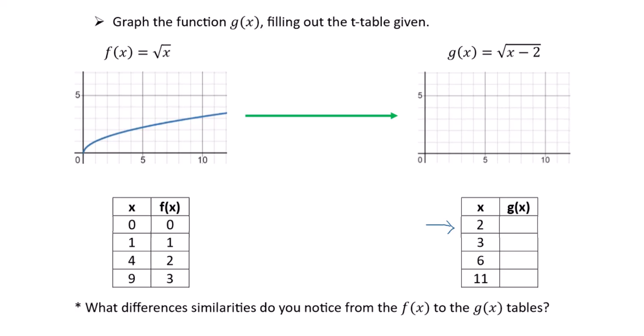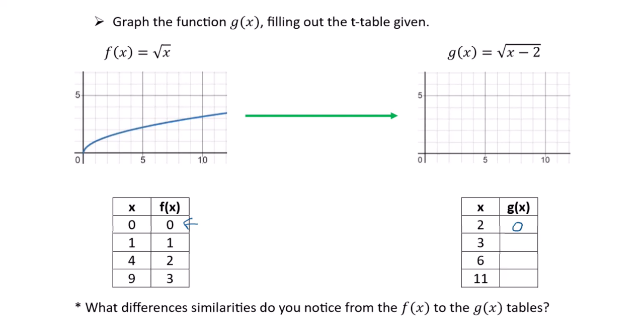If we want to have the same outcome as we had before, we would have to start with a 2, because 2 minus 2 is 0, and then the square root of 0 is 0. So there's an adjustment here in the x's to be able to get the correct output that we had before.